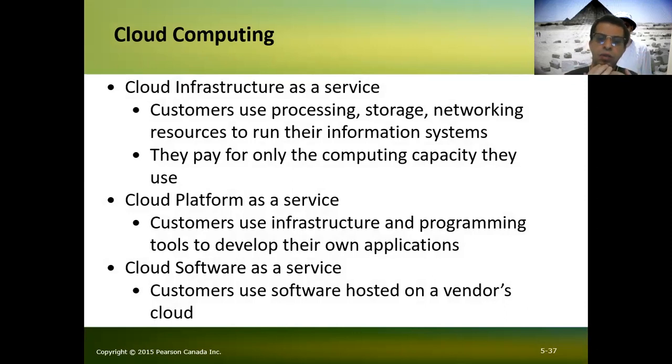With cloud platform as a service, customers use the infrastructure and programming tools to develop their own applications. And then with cloud software as a service, customers use software hosted on a vendor's cloud. So you put your software hosted there, or sometimes they have their own software, and you have access to it to run your business.